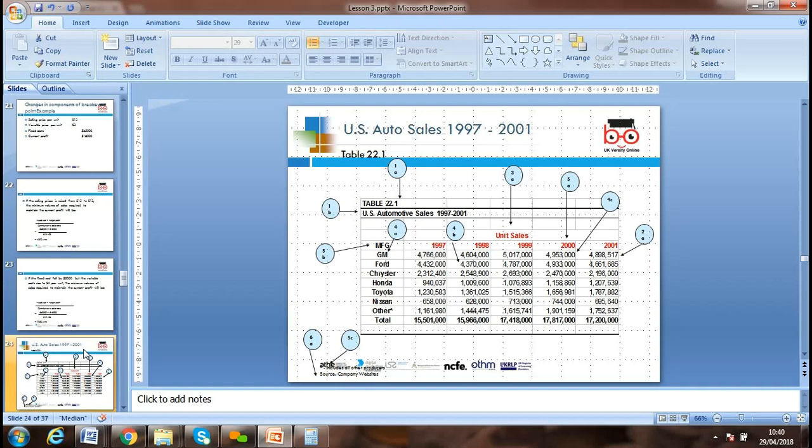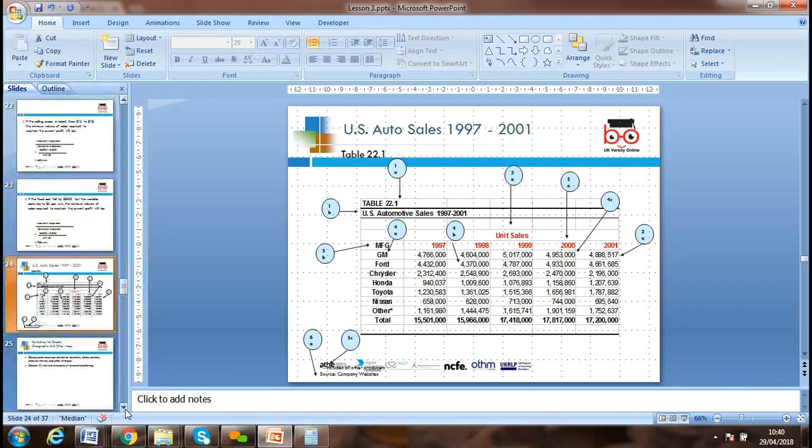We have US auto sales from 1970 to 2001. We have different brands and how many cars they sold in the States during these periods, and we have a total as well.